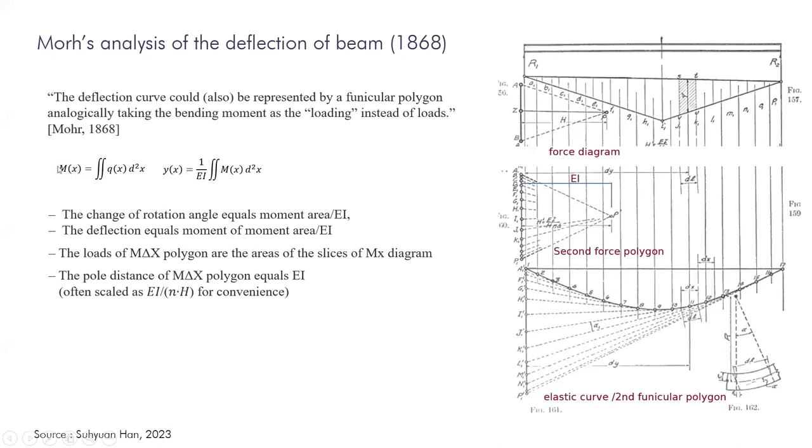This can be done with a funicular polygon. And once this is done, you can do another mathematical integration on the bending forces, integrating EI, meaning the inertia of the member and the Young's modulus, describing the deformation of beams.